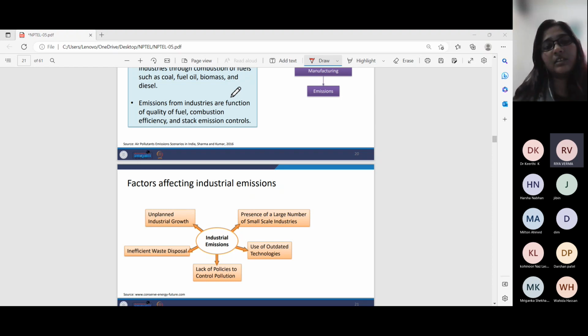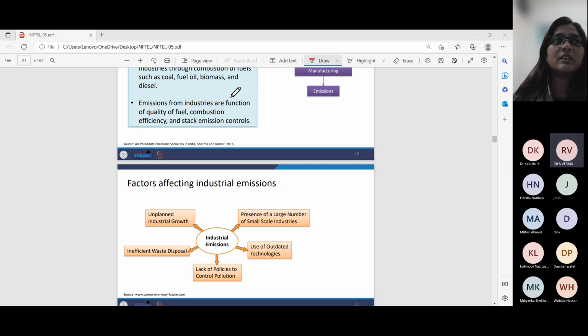Then, apart from those stack gas emissions, some other industrial emissions include inefficient waste disposal methods. During any kind of manufacturing or process in the industry, a lot of waste is created, and it is very necessary to have a proper waste disposal method, either for solid waste or liquid waste.